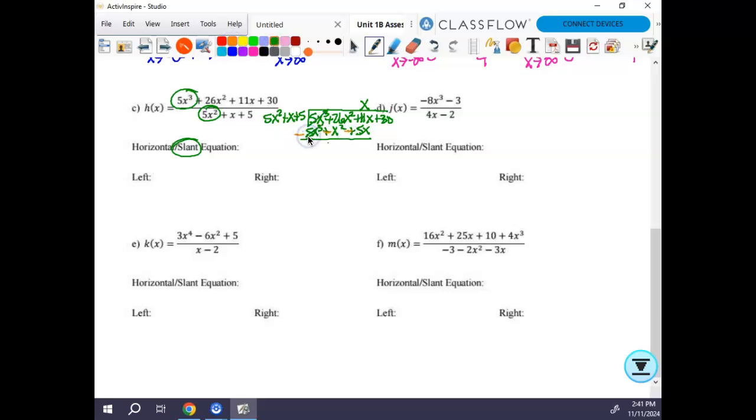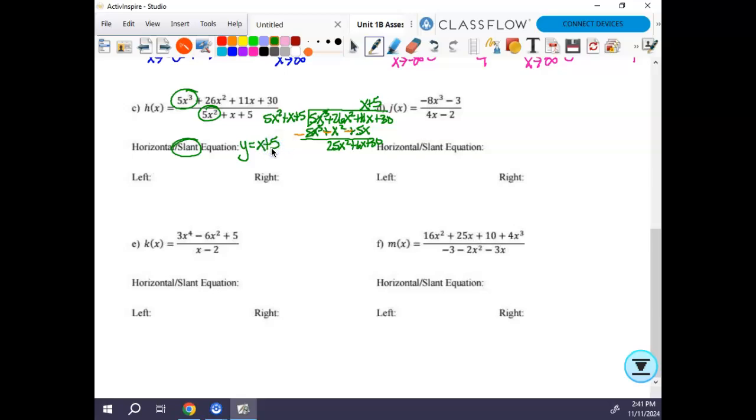Those zero out, so I get 25x squared plus 6x plus 30. And then 25x squared divided by 5x squared is going to be a plus 5. And then I don't have to do anything else because I don't care about the remainder here. So my equation is y equals x plus 5.